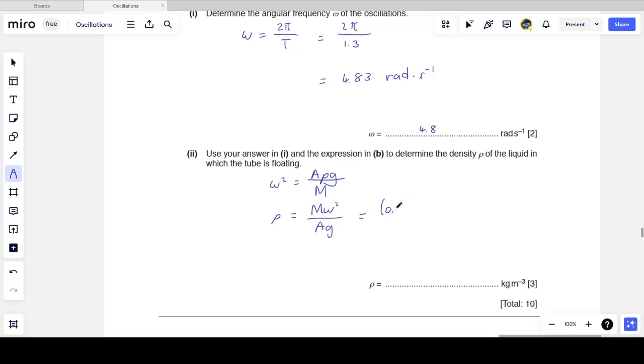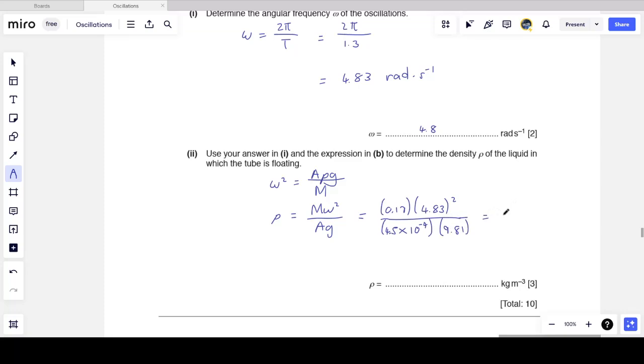And so this is 0.17, the mass m which is given. Omega we've calculated, so that's 4.83 squared, divided by the cross-sectional area, 4.5 times 10 to the minus 4, because I have to convert that to square meters rather than square centimeters, and g is 9.81.